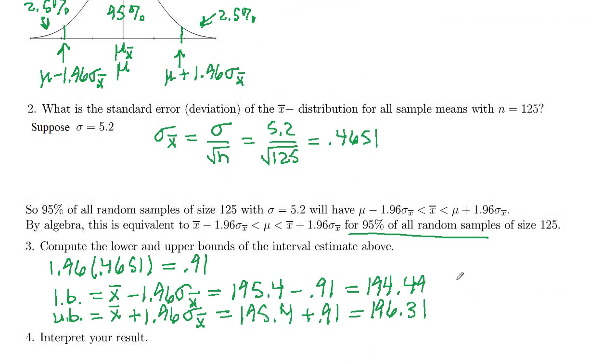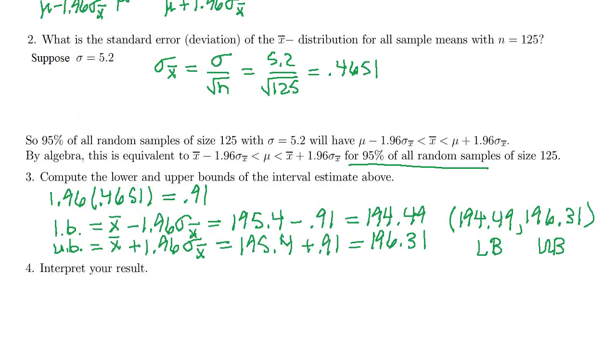So sometimes we'll write that interval like this: 194.49, comma, 196.31. So that's lower bound, comma, upper bound. That's a lot of times how you'll write those intervals.